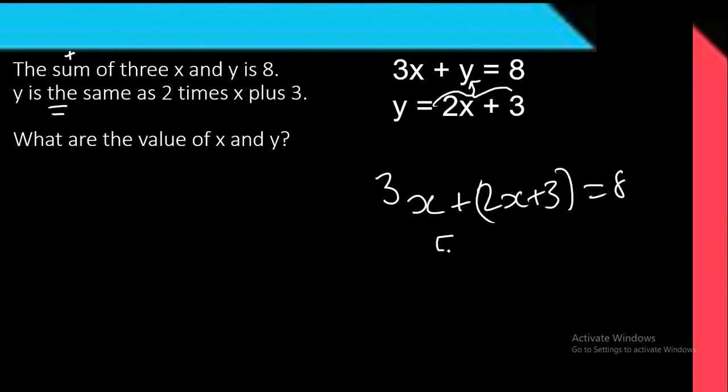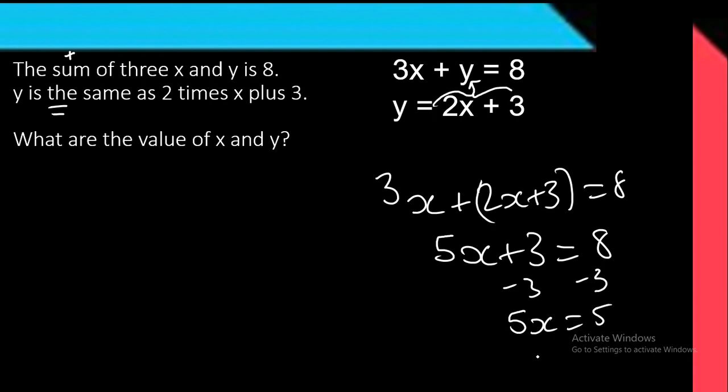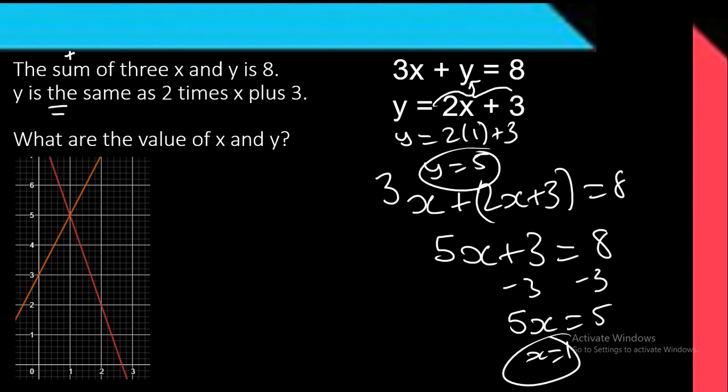And then I can simplify. 5x plus 3 equals 8, minus 3 from both sides. 5x equals 5, well then x equals 1. And then to finish that off, we would substitute that into any of the equations. And we get y equals 5. And that is the answer for that question. When x is 1, y is 5.